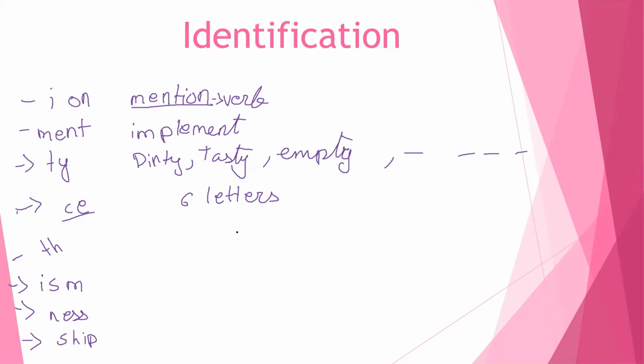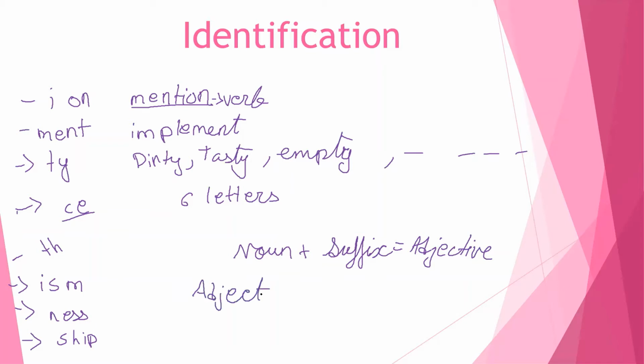Also note that when we add a suffix to a noun, it becomes an adjective. And when we add a suffix to an adjective, we get a noun. Now let's take an example to understand this.